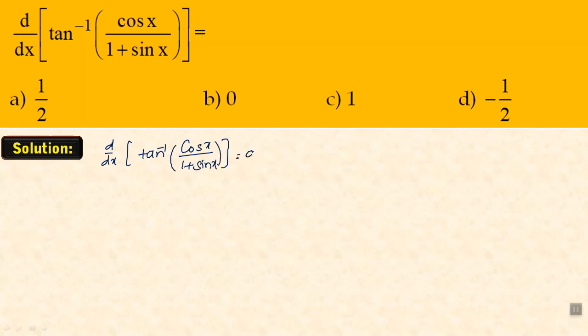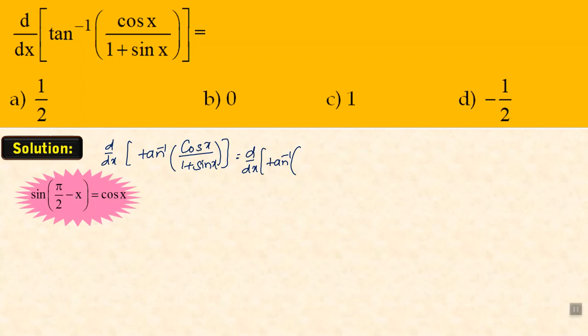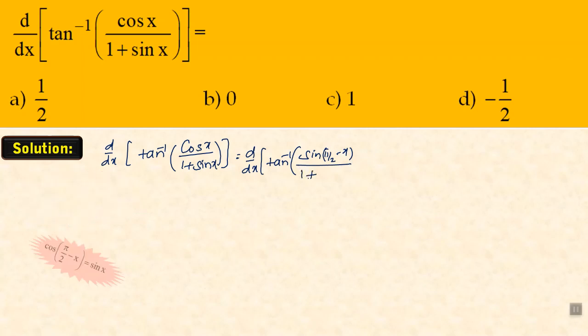is equals to d by dx of tan inverse of, we know that sine of pi by 2 minus x is equals to cos x. So here sine of pi by 2 minus x divided by 1 plus, we know that cos of pi by 2 minus x is equals to sin x.